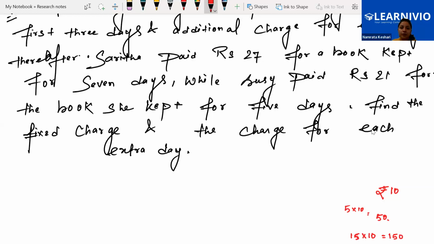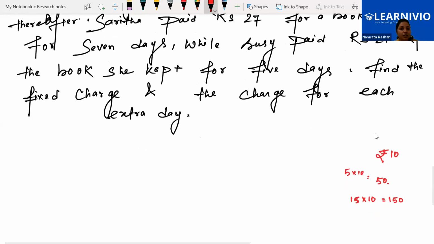If I keep it for 30 days, then I have to pay the 30-day amount according to each day's price. Here we don't know the price for each day, and we don't know the extra charge.